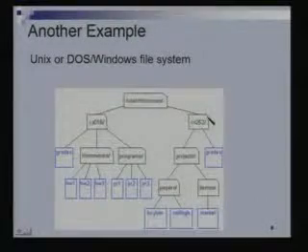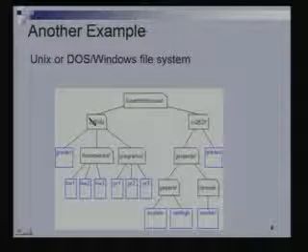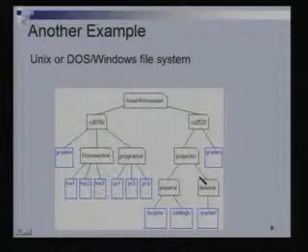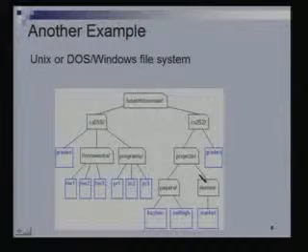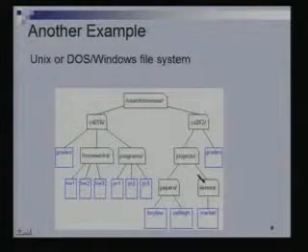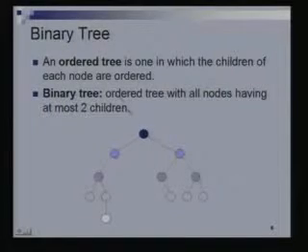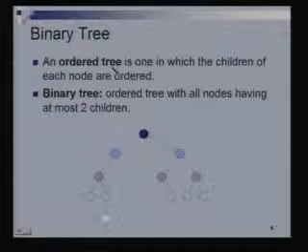This is a directory, there are two subdirectories here. Whether I place this to the left or to the right doesn't really make a difference as far as the picture is concerned, and it doesn't convey any additional information. But sometimes you might have the notion of an order between the children. Such a tree is then called an ordered tree.